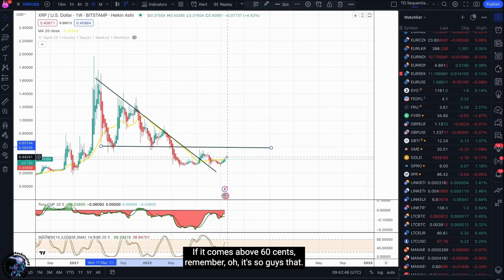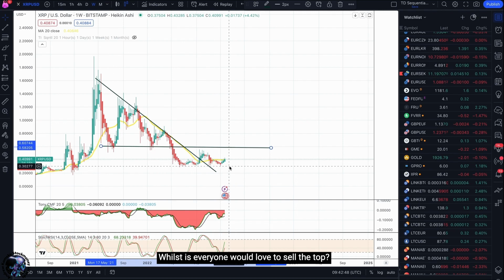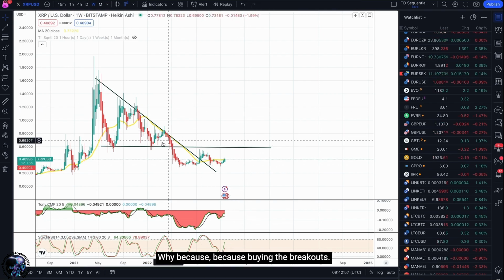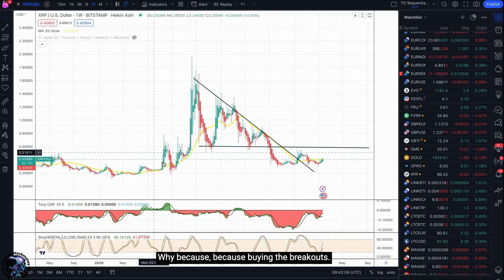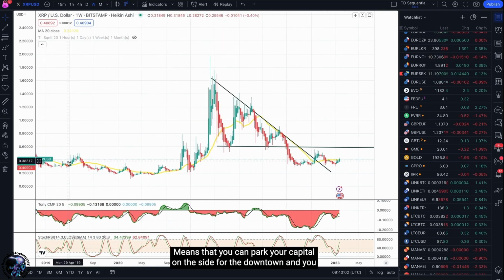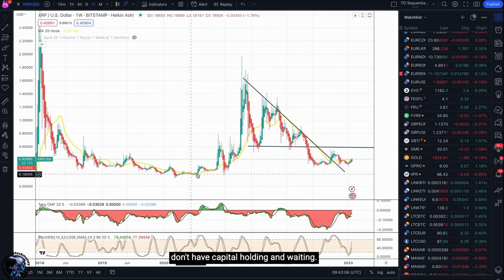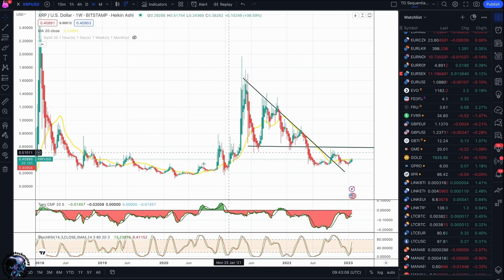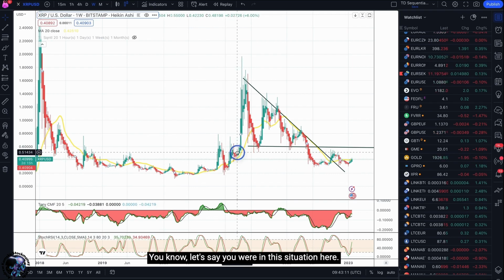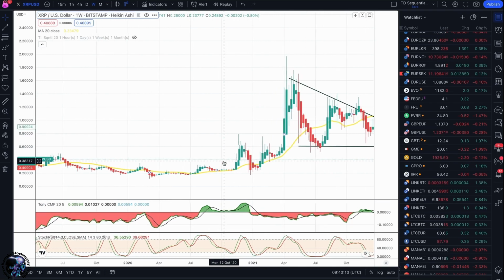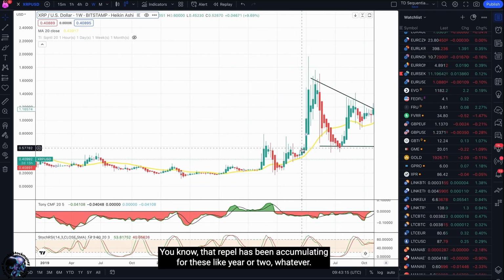Remember also, guys, that whilst everyone would love to sell the top and buy the low, it's also fine to buy the breakout. Why? Because buying the breakout means that you can park your capital on the side for the downturn, and you don't have capital sitting and waiting. Let's say you were in this situation here. You know that Ripple has been accumulating for a year or two.